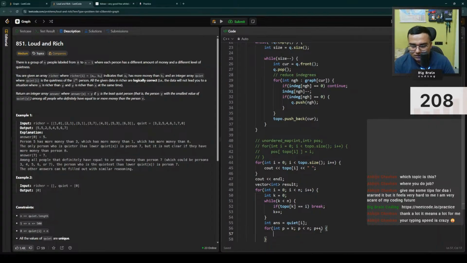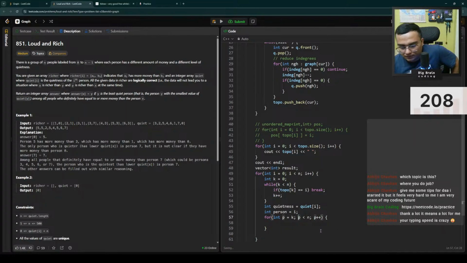Okay. So I need to keep track of the person and not just the quiet value, right? Okay. Int person, quietness and person right now is i, right?